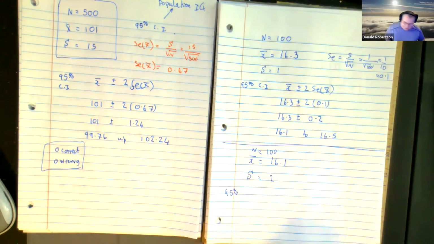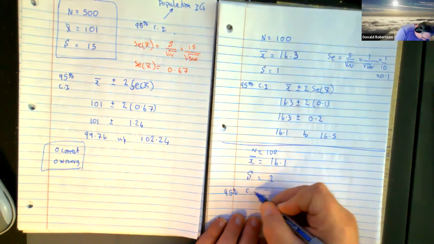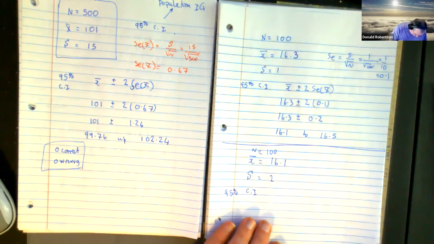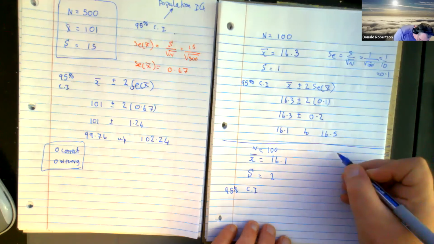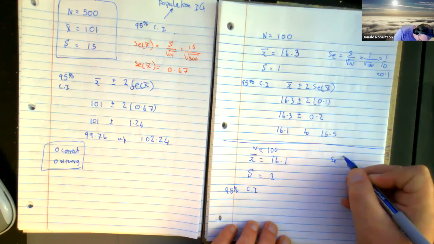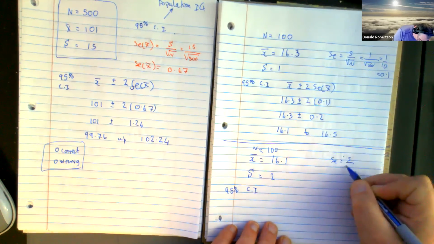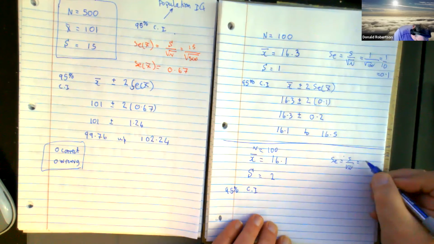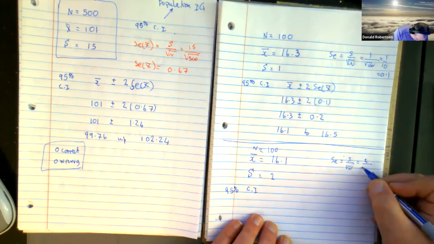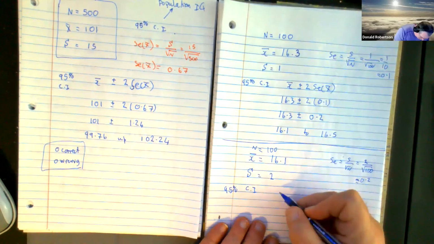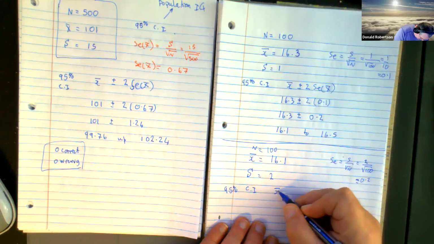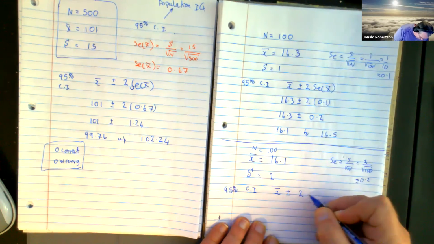Well, this time we're going to have a standard error. The standard error is 2 over the square root of 100, which is 0.2. So we are going to get a mean plus or minus 2 standard errors.